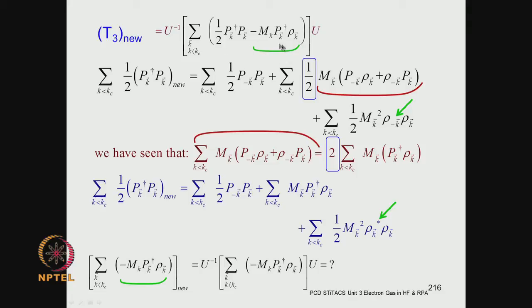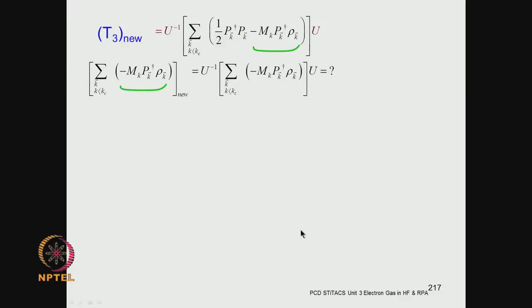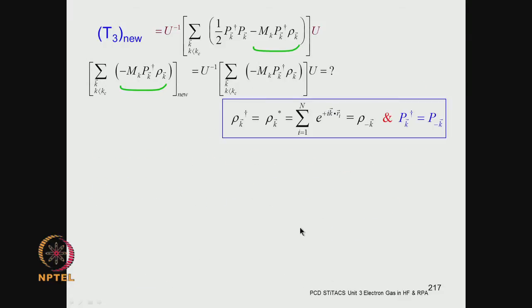We now have to find how the second term transforms, the second term in T3, the second of the third term if you like. So here we have to find out the new term, which is the u dagger operating on this, and what will this give us? This is our question now.